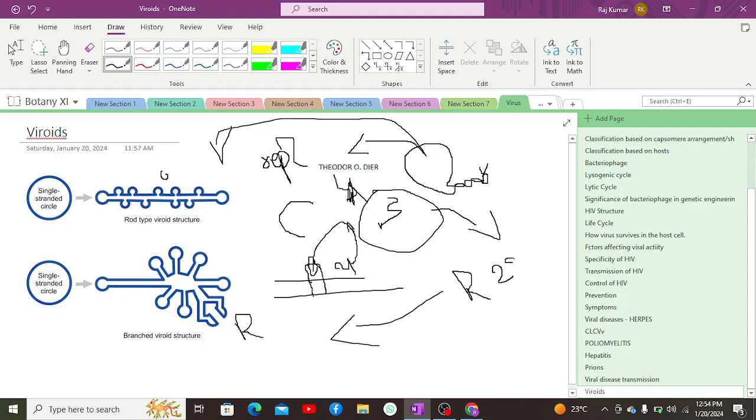Apart from that, some common points: it has 220 nucleotides. It is the smallest non-plant pathogen. The smallest virus is sarcovirus, which infects pigs, and it has around 2000 nucleotides, if I'm not wrong, around 2000 bases, right?